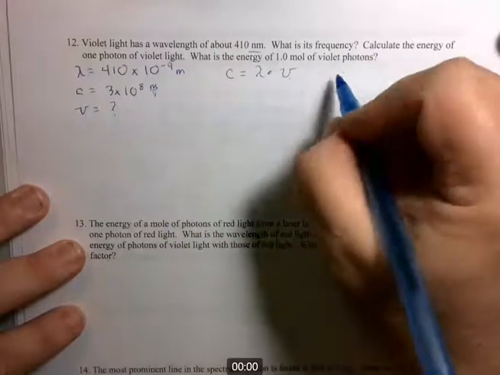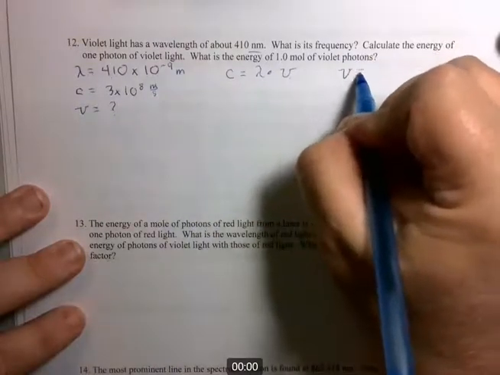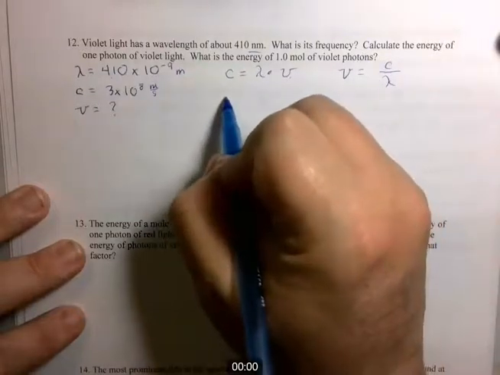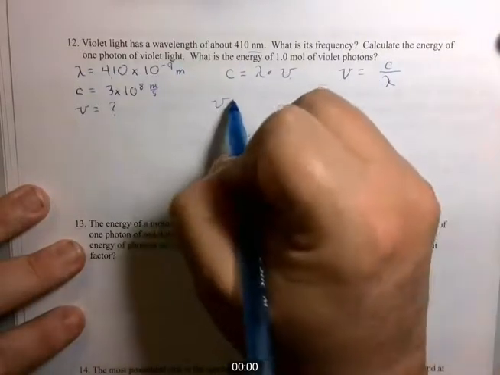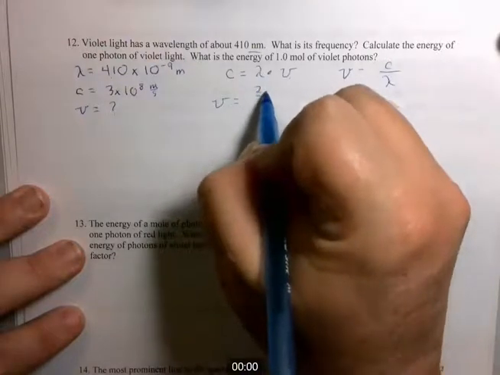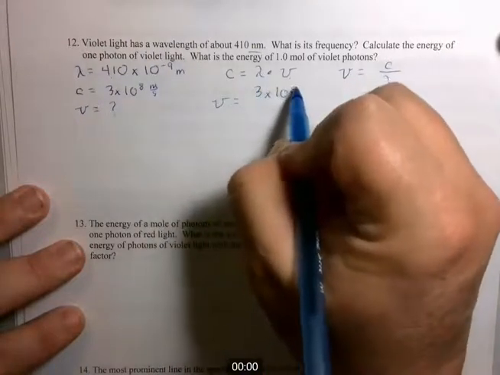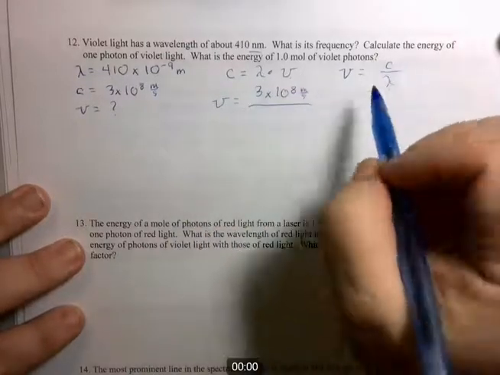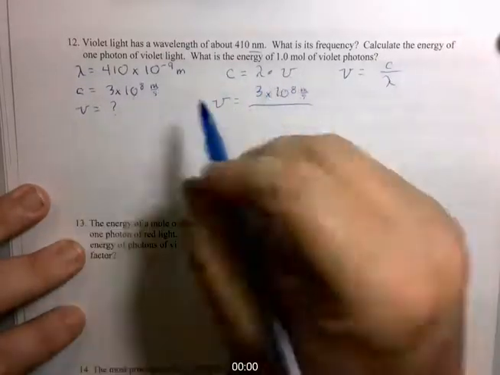And if I solve for nu over here, I get nu equals c over wavelength. So that's going to equal, and the wavelength is right here.